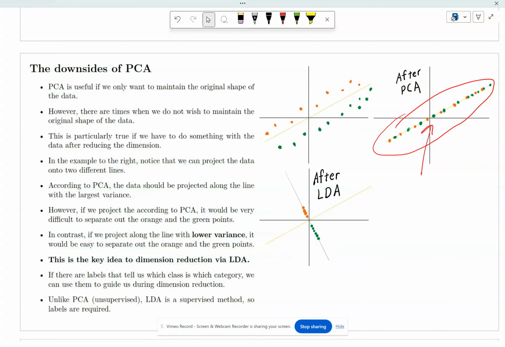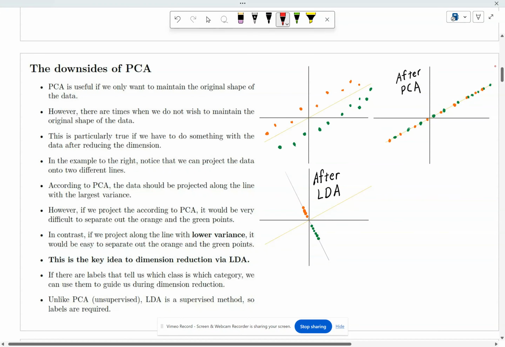In this case, the data also lives in 1 dimension after projection. However, notice that the orange are nicely separated from the green. Therefore, when you run something like SVM, for example, you will be able to draw a line and perform classification.